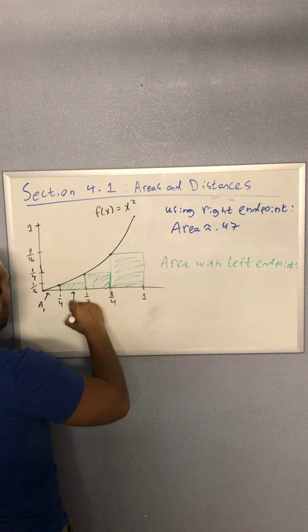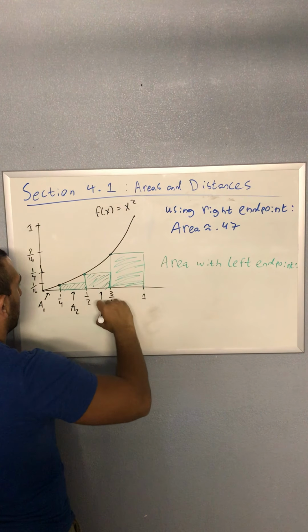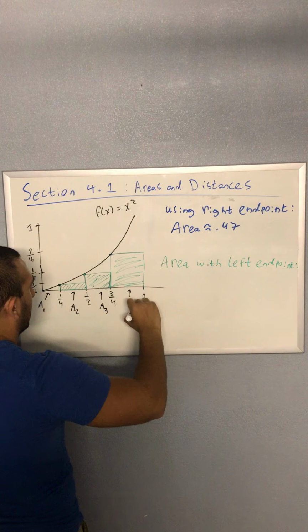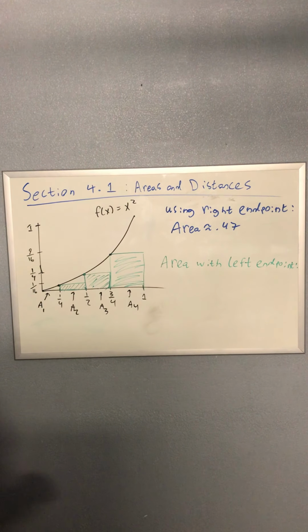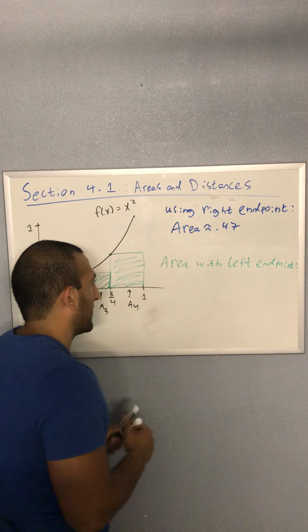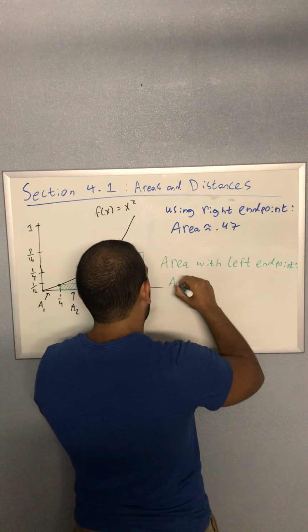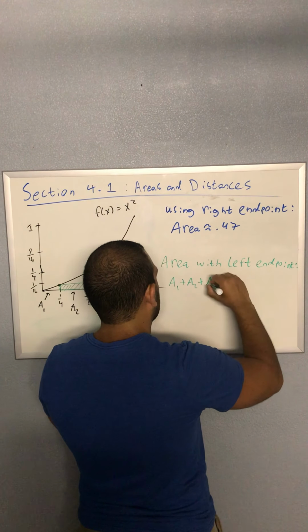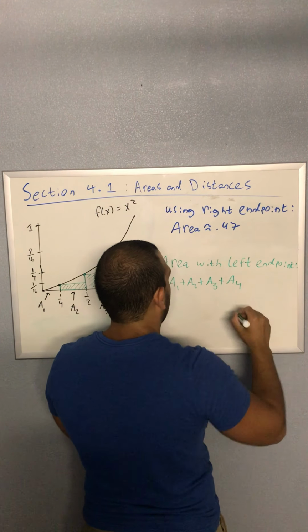This area we can call A2, A3, and A4. Again, just kind of listing the areas. It's going to be the same thing. It's going to be A1 plus A2 plus A3 plus A4.